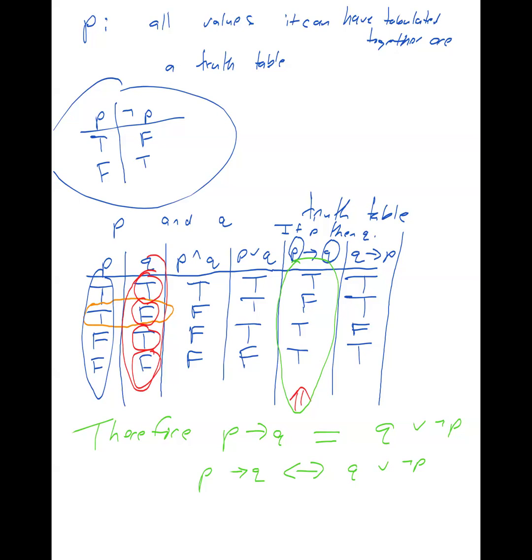Just like it's not always the same if you say all dogs have hair, and if you have hair, you're a dog. That's not really the same. It is true for everything that doesn't have hair, because that's still valid for that. And it's also true for everything that's a dog, but it's not true for anything that has hair but is not a dog, right?